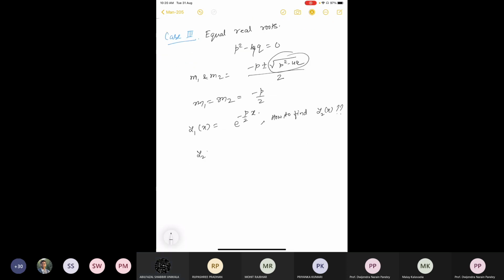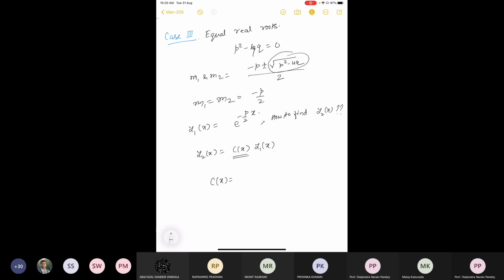So you want to assume that y2(x) equal to some function c(x) times y1(x), right? And then we want to find this c(x). I think in the previous lecture we saw how to find it, or you have a formula for c(x). Do you remember any formula for this c(x)?